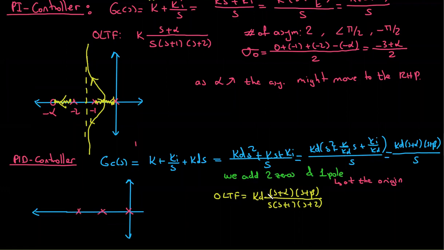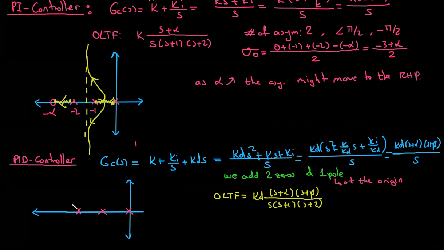And where would you like to place these open loop zeros? Again, you may want to put them somewhere away, so that as k increases, the poles can be as far as possible from the imaginary axis.